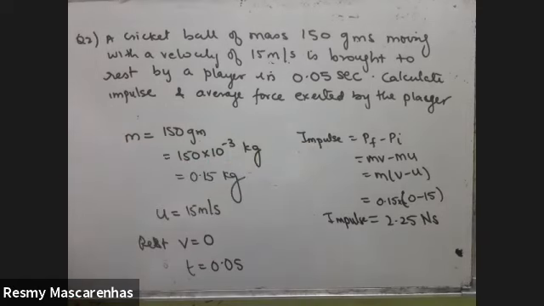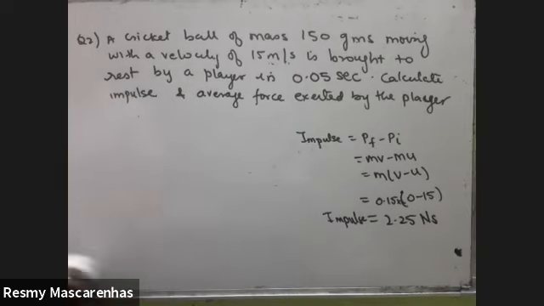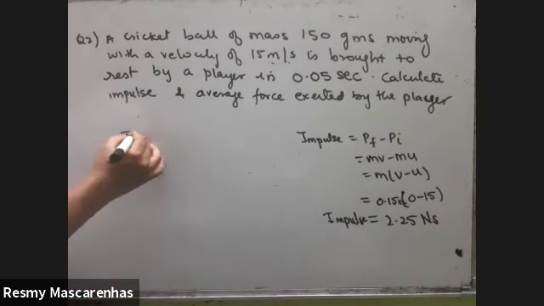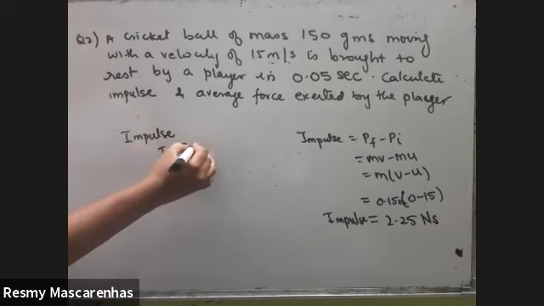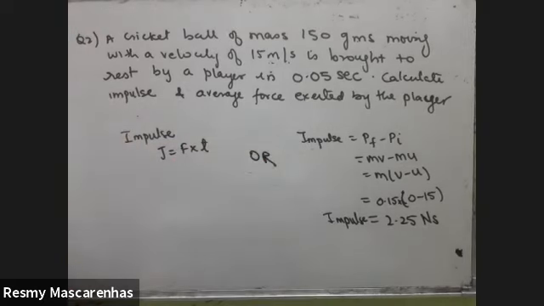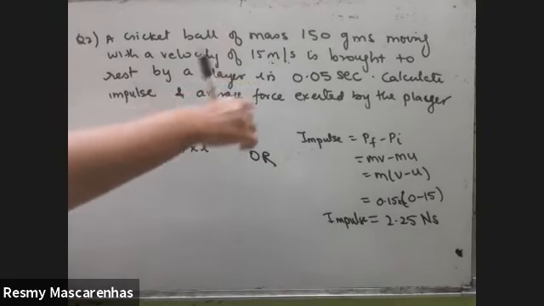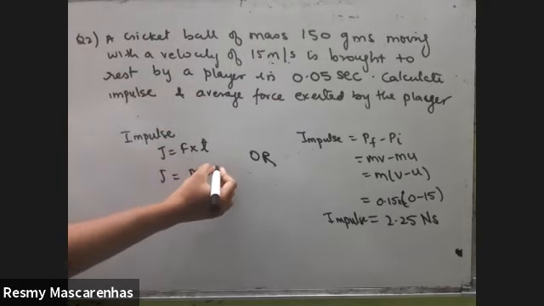Now there's one more. You know what is the impulse formula? Impulse formula is nothing but J is F into T. This or this. Now force is not given to us anywhere. So force is nothing but mass into acceleration.